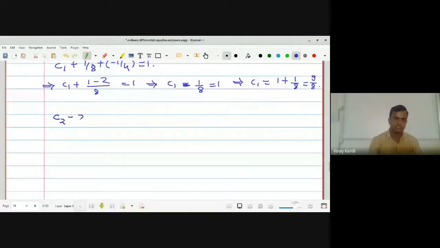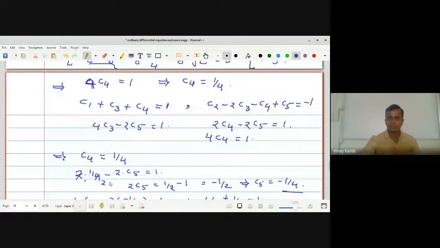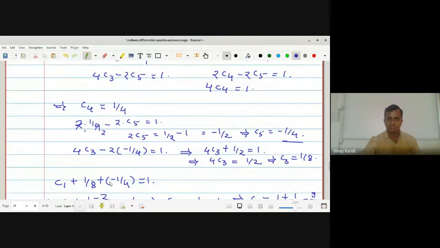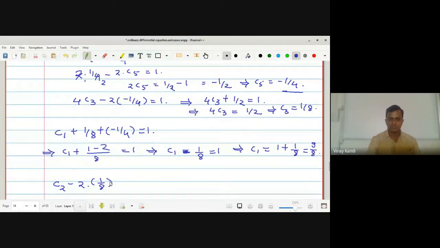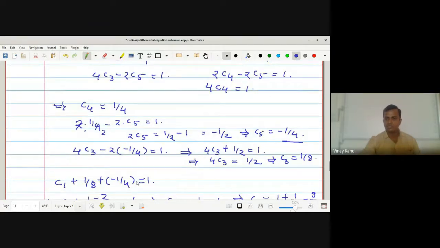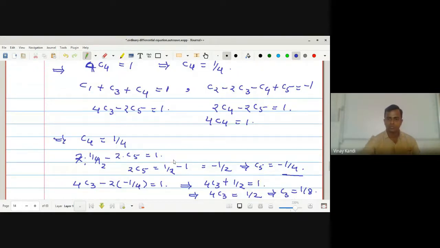C2 minus 2 into what is C3? C3 is 1 by 8. Okay. Now plus C4, which is 1 by 4. Then C5 plus C5 minus 1 by 4, which is equal to minus 1.